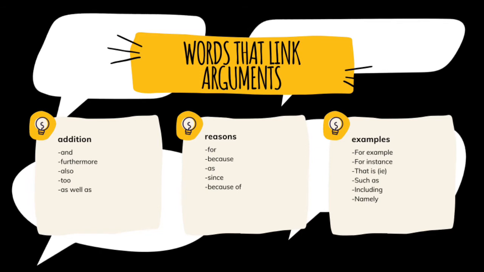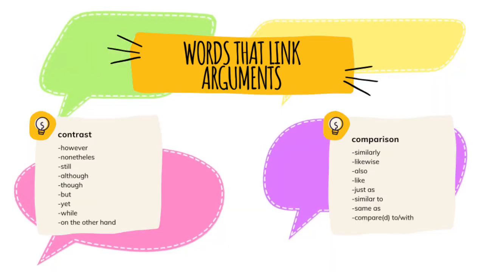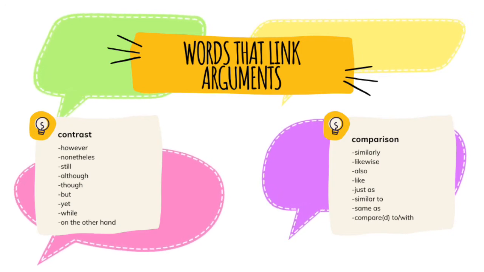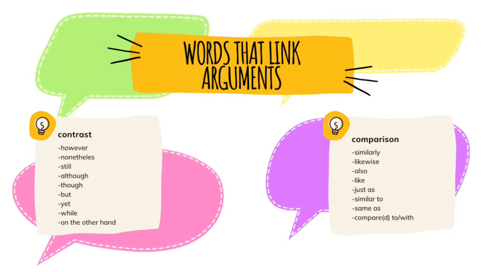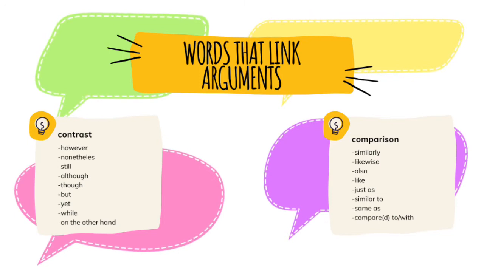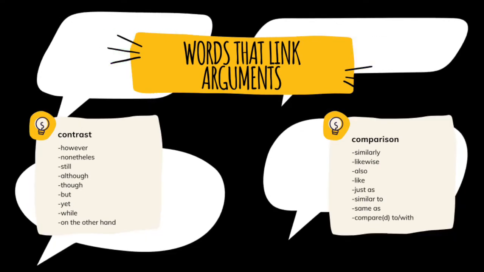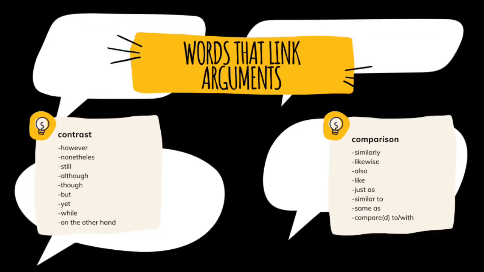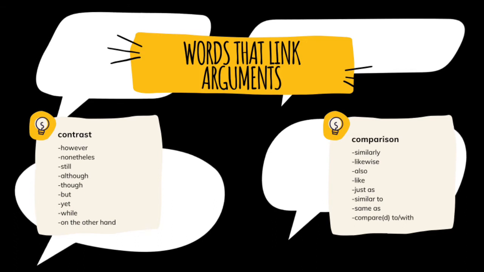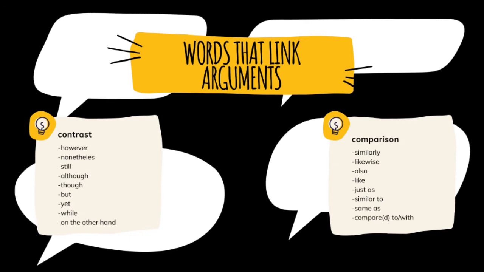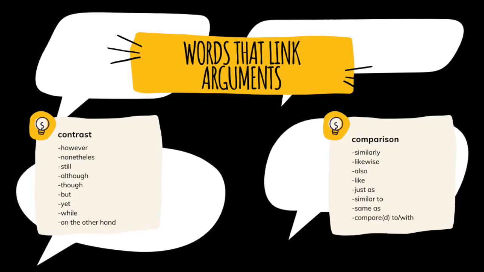If you want to compare or contrast some things, you can use the words however, nonetheless, still, although, but, yet, or likewise. If you want to compare, similar to, or compared to, or compared with. Those are the words that you can use to link your arguments.